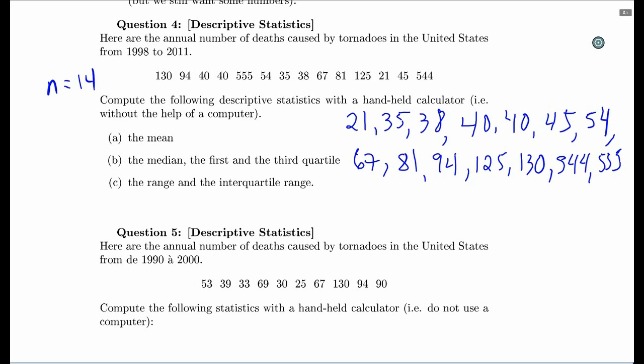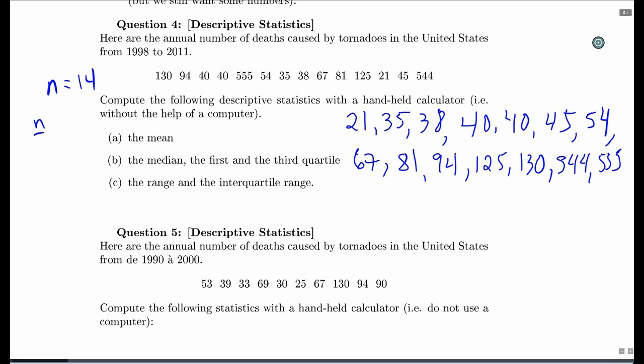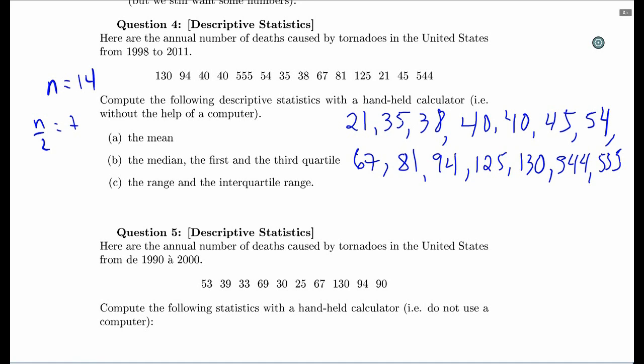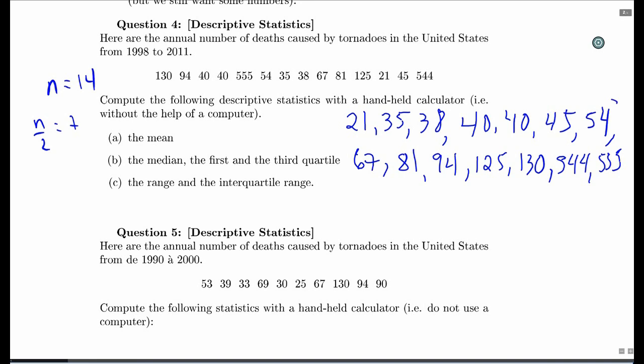And so if we have an even number of observations, to get the center, what we need to do is simply divide the number of observations by 2. So in this case, it's 7. And what this means is that we'll have 7 values in the lower group and 7 values in the upper group. And so the center is found between the 7th and the 8th value.